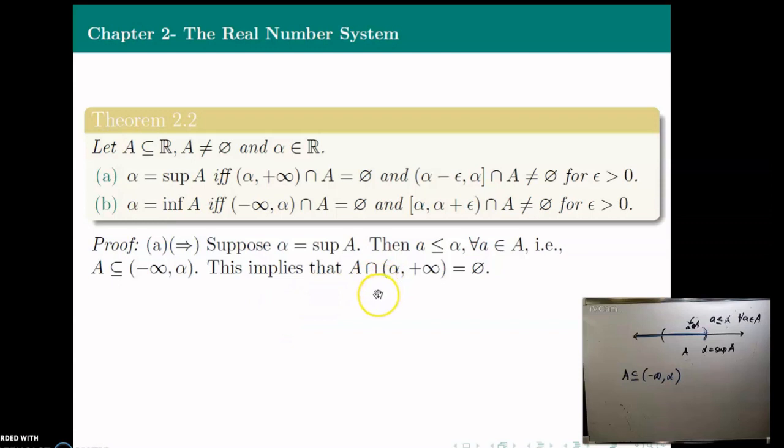This implies that, because A is a subset of this one, if we are to take the intersection of A and alpha to positive infinity, it is empty.